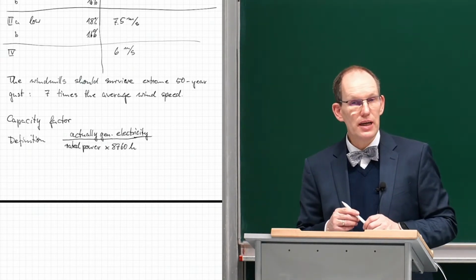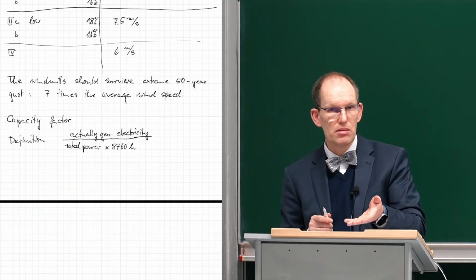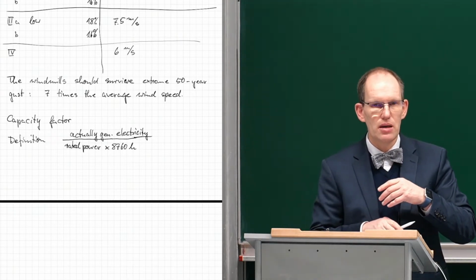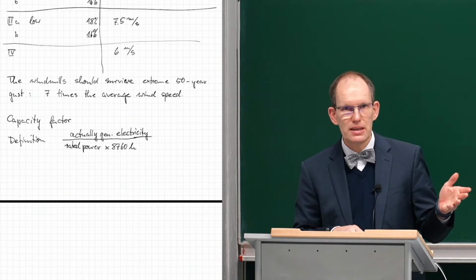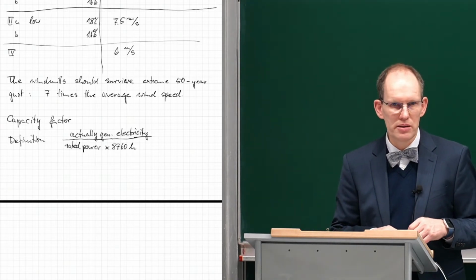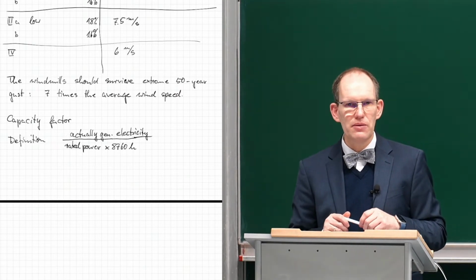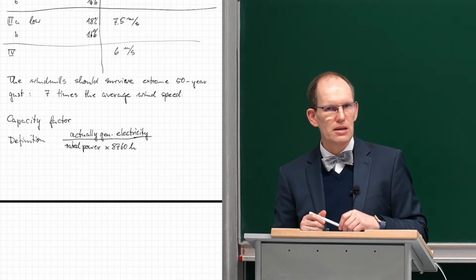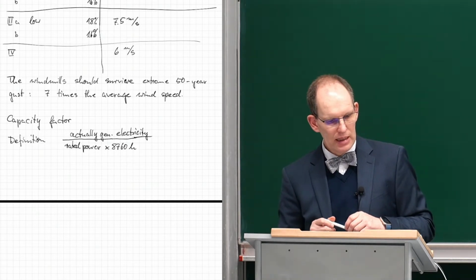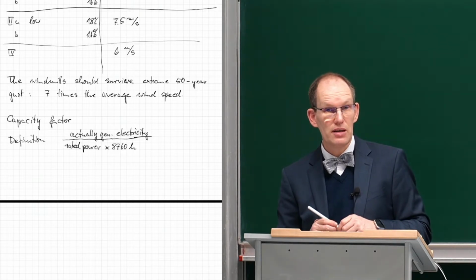Just a number on that. It's actually quite simple to look up the average capacity factor of, say, German windmills. And until 2012, this was a rather disappointing number. Namely, it was lower than 17%.